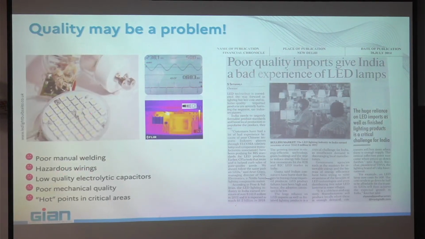Hazardous wirings, the wires can disconnect, and then you may have, of course, electric hazard. Low quality capacitors, especially in the bad place. Poor mechanical qualities, and also hot spots in critical areas.